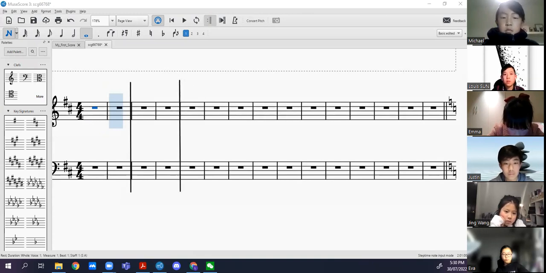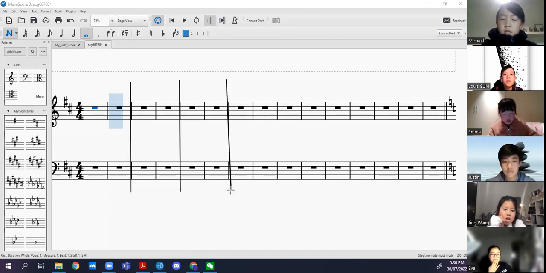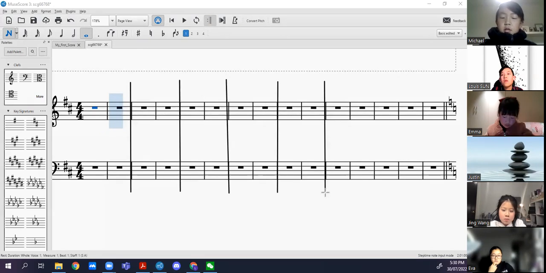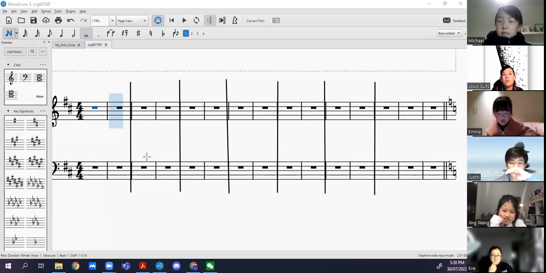Let's see, we have 6 people, so 6 sections. We've got 7 people, including me. 1, 2, 3, 4, 5, 6. Okay. I'll designate.